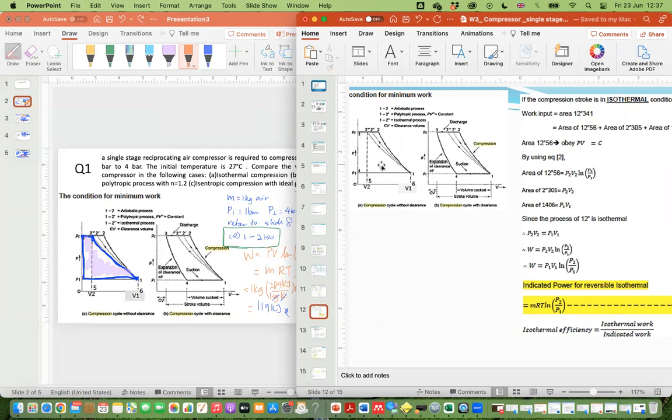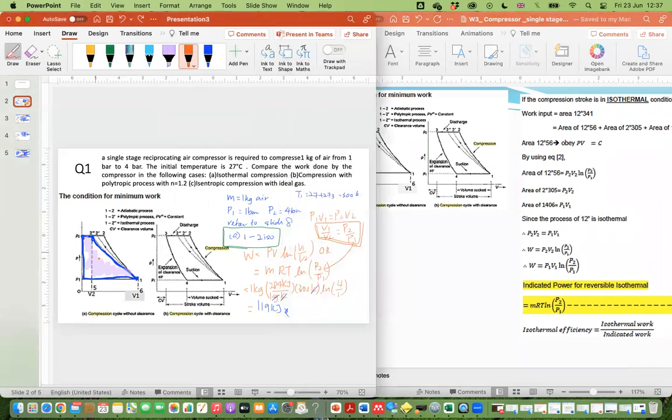And what does that mean? Because I only want the light purple color, let's look at the left side. First I need to find the shaded area A until here, plus B minus C. Since B equals C, they cancel each other.